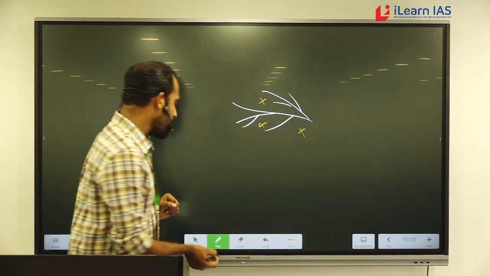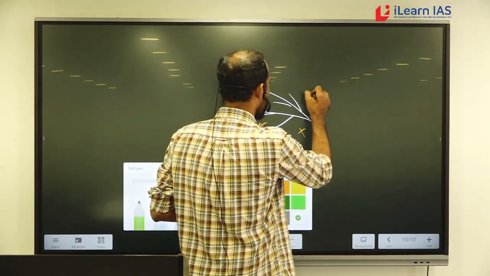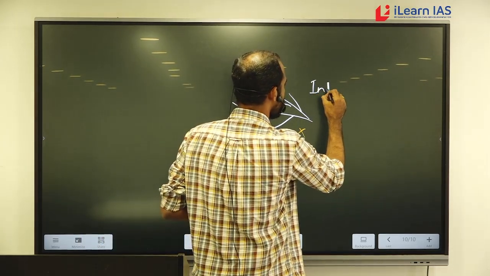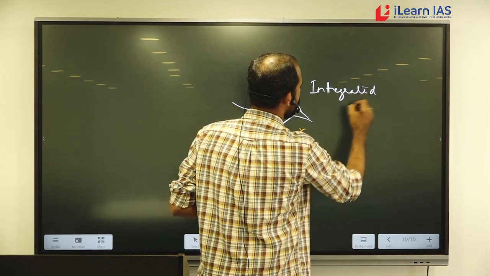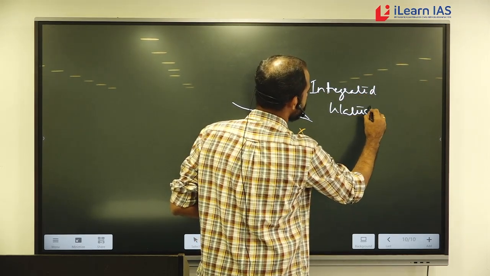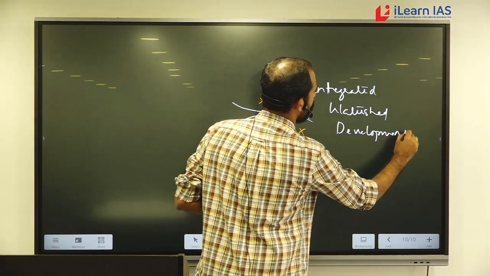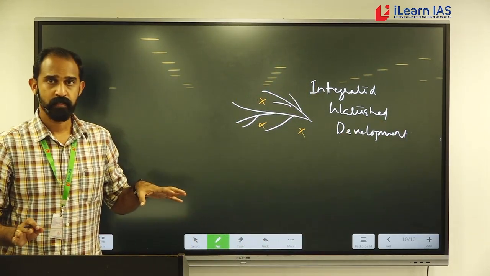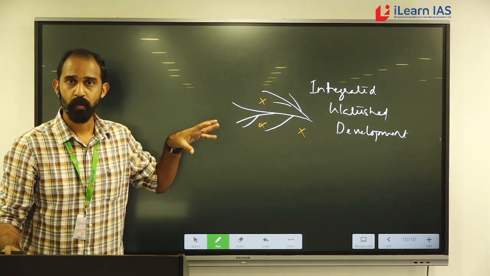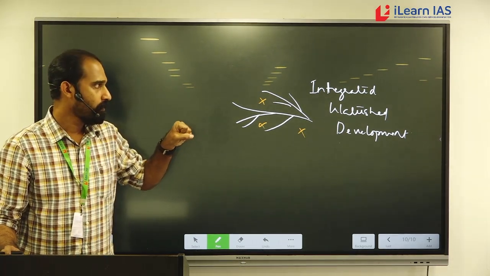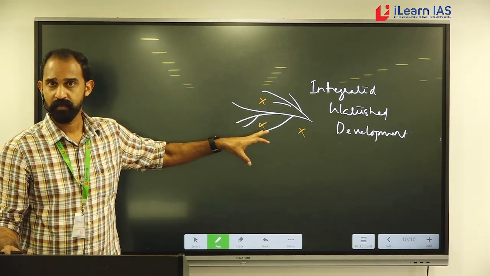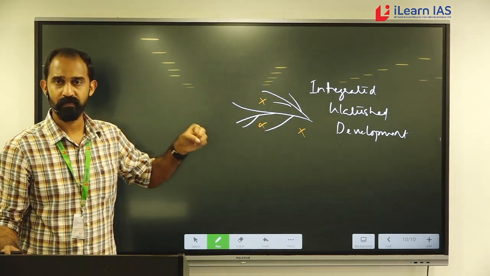Now in the concept of the integrated watershed development program, we are trying to address some of the core issues of a rural economy by fixing the crux of these issues.